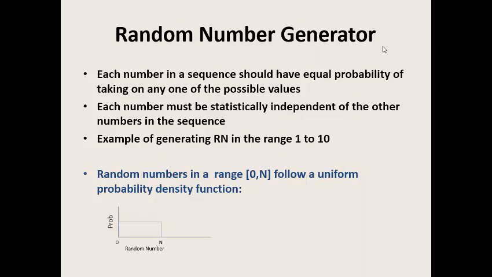The properties of the random numbers are that each number in a sequence should have the equal probability of taking on any one of the possible values, and each number must be statistically independent of the other numbers in the sequence. To assure these things, several random number generators are available as part of the software packages.